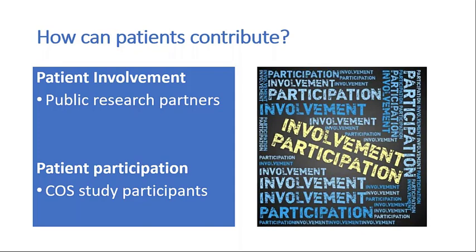Or as core outcome set study participants, providing opinions on important outcomes for research alongside other key stakeholders, using methods like patient interviews, online surveys, or consensus meetings. As core outcome set development aims to produce generalized knowledge, core outcome set researchers usually need to seek ethical approval.